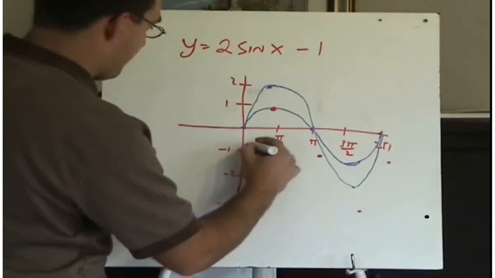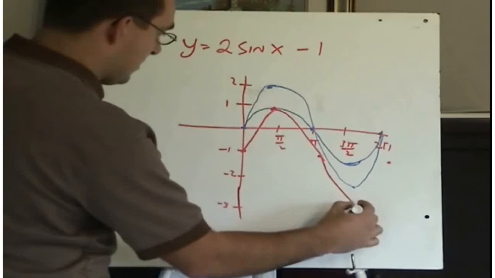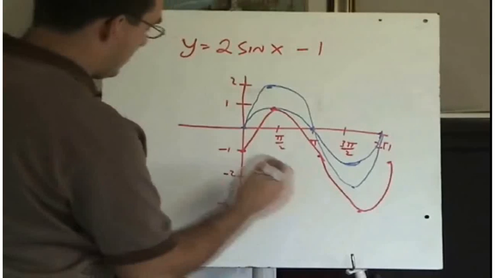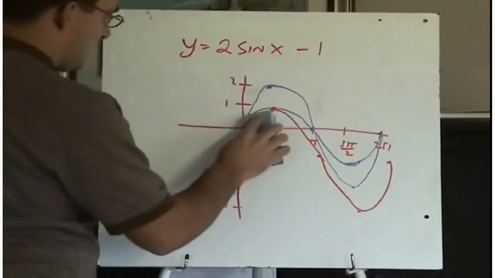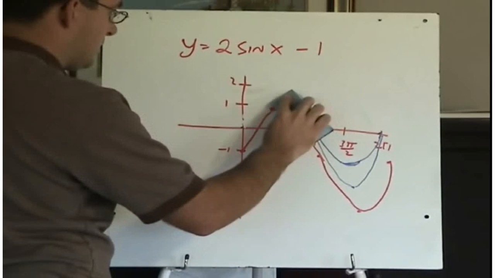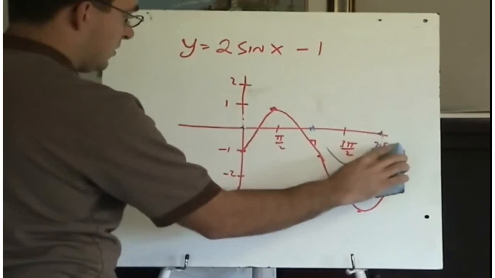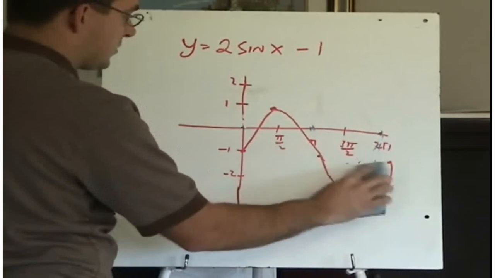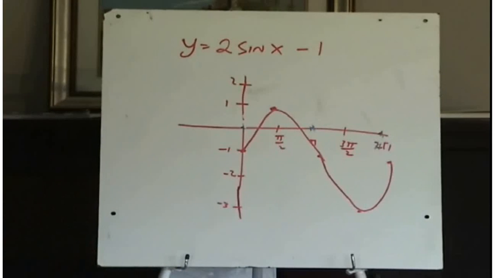All right. Now let's erase these other ones. Okay, so here is a graph of y equals 2 sine x minus 1.